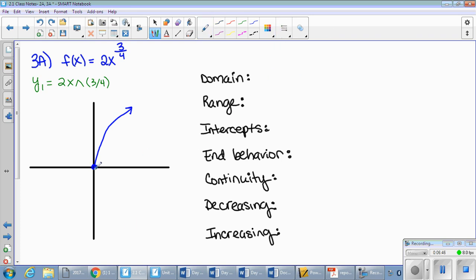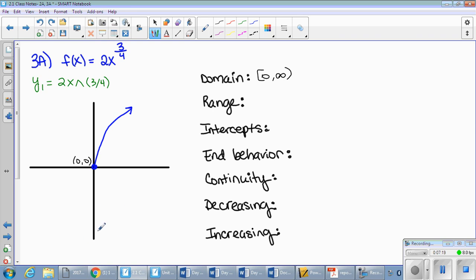Domain. What are my possible x values? So looking at the x-axis, there's no graph up until what value? 0. And then the graph goes to infinity. So my domain, 0 to infinity. Now, why is that a bracket? Well, that's because 0, 0 is a point on our graph. Next, range. This time looking at the y-axis. So I look at my negative y values.